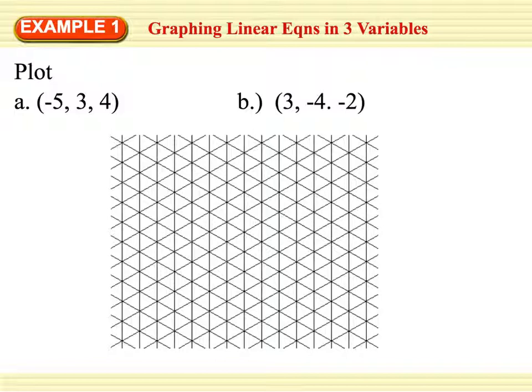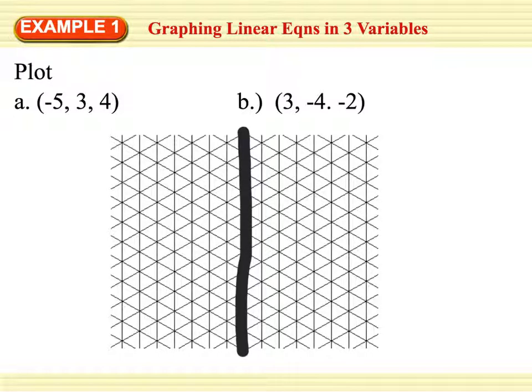Now example 1 tells us to plot two ordered triples. The first thing, as I mentioned earlier, is we are going to draw in the axes. So here is my z-axis.